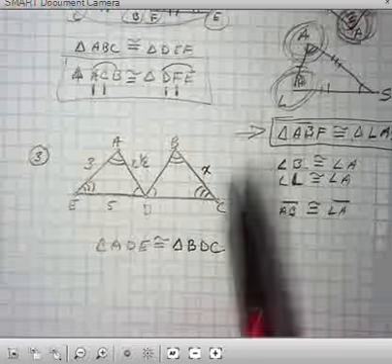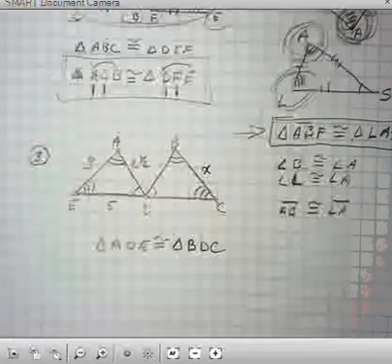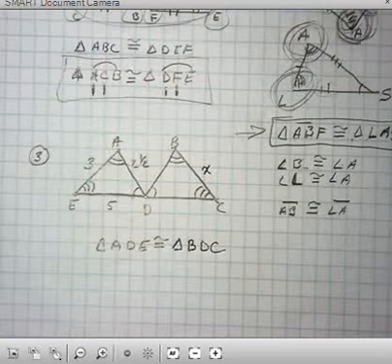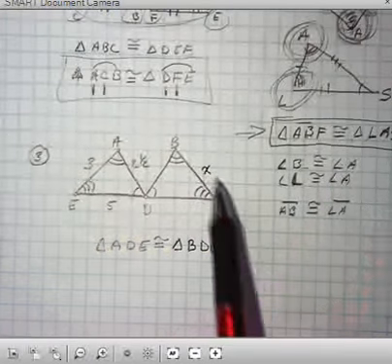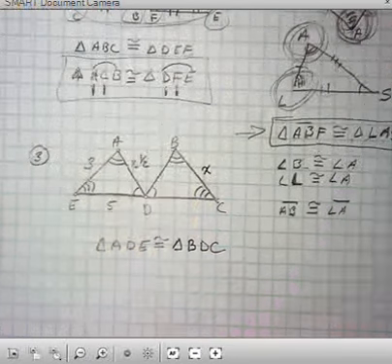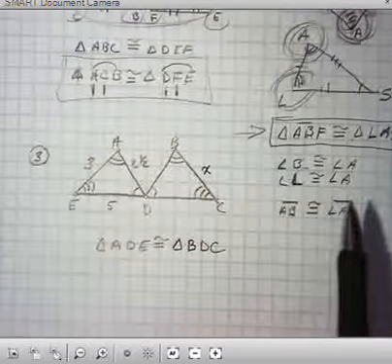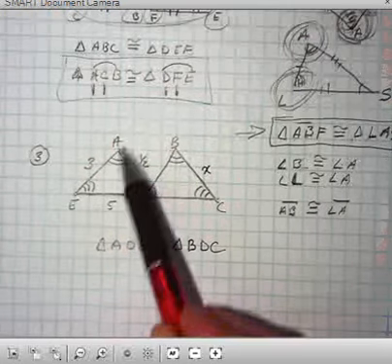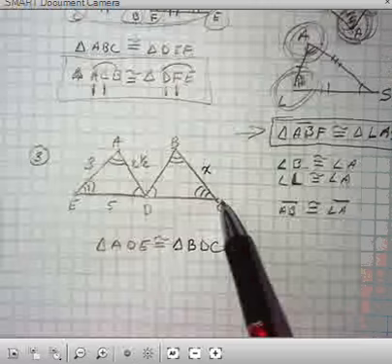What is the length of that right there going to be? Julian? 3? How do you get 3? So the distance from here to here is going to be the distance from here to here.